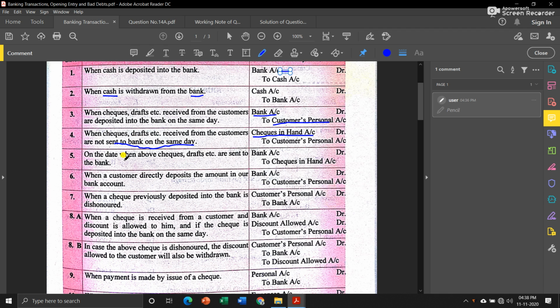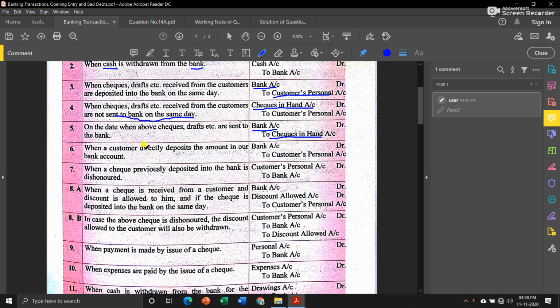But when we send that check into the bank on a particular date, suppose today I received that check but I deposited it tomorrow, then tomorrow's date I will pass one journal entry and I will debit bank account, because when I deposit that check into bank tomorrow, my bank account will receive money, and I will credit checks in hand account because earlier when I received that check and kept it in my hand, I debited that account, but since the check is going out from my hand, I am depositing it into bank, I will credit that checks in hand account.